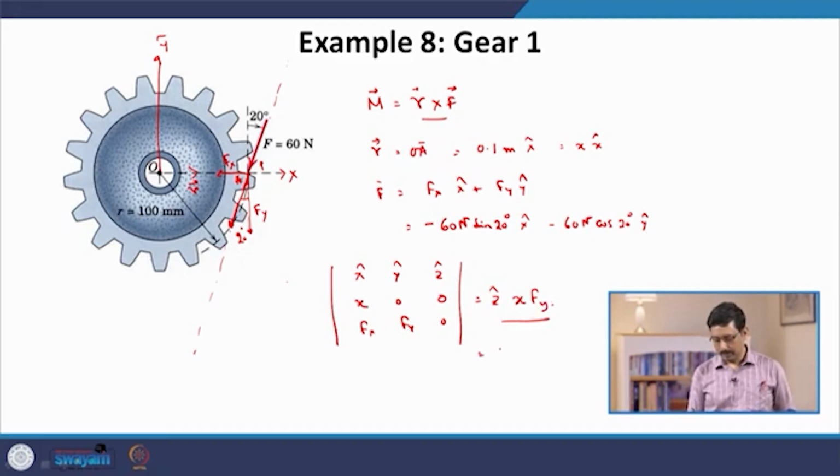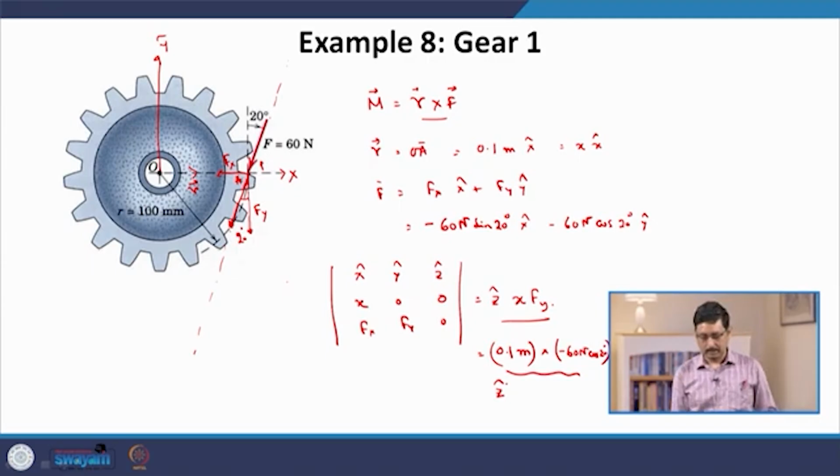So, this is 0.1 meter times minus 60 Newton cos 20 degree. This is the magnitude and the direction is perpendicular, and you can very easily see that this is the same expression as before. So, you get the same answer, and here we do not have to apply the thumb rule, it is already taken care of.